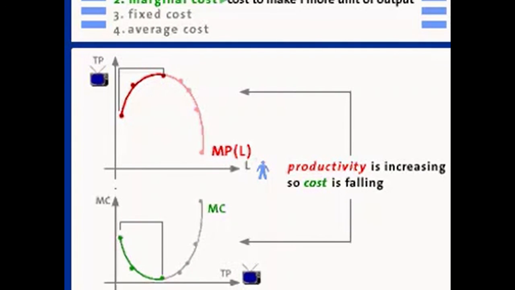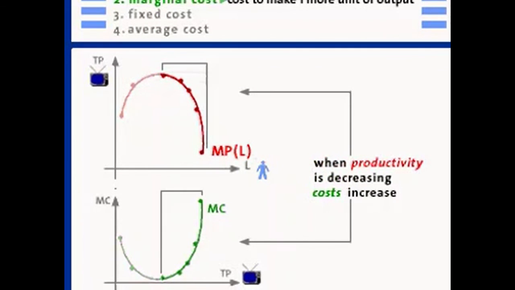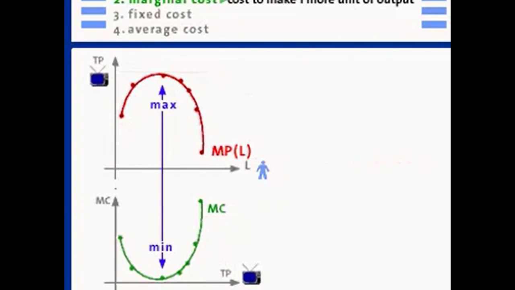One final thing to note, when marginal product is at its maximum, marginal cost will be at its minimum. Remember, marginal product is at its maximum when? When is it going to be that an extra worker is going to add the most television sets? That will be the case when teamwork and specialization are maximized, when the scope for teamwork and specialization has been fully enjoyed.